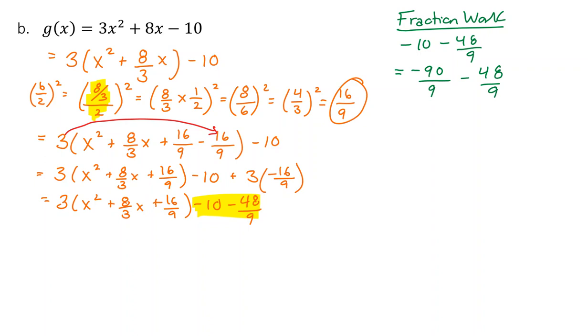Okay, and then you're going to type that in, negative 90 minus 48, you're left with negative 138 over 9. If you want to reduce that, you can divide both of these by 3, which leaves you with negative 46 over 3. Bring that value back to your problem.